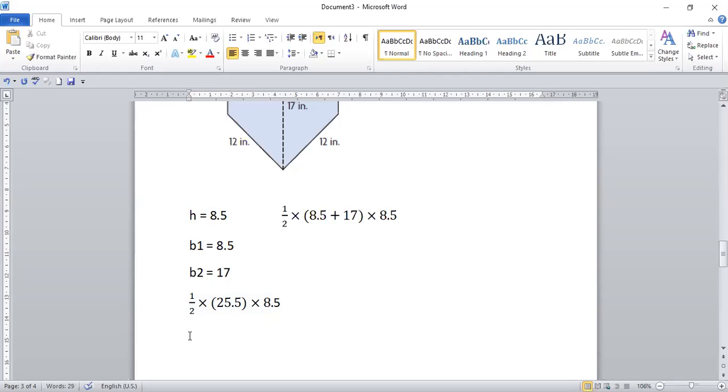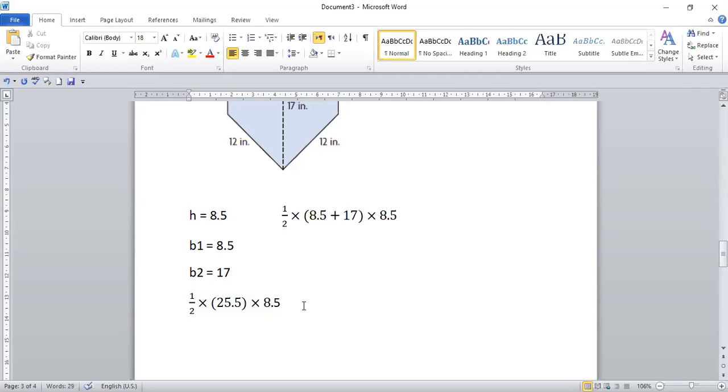Now this is anyhow going to be the area of one trapezoid. So I think multiplying 25.5 by 8.5 and then dividing by 2 is going to be way easier. So how much is 25.5 multiplied by 8.5? That's going to give you 216.75.